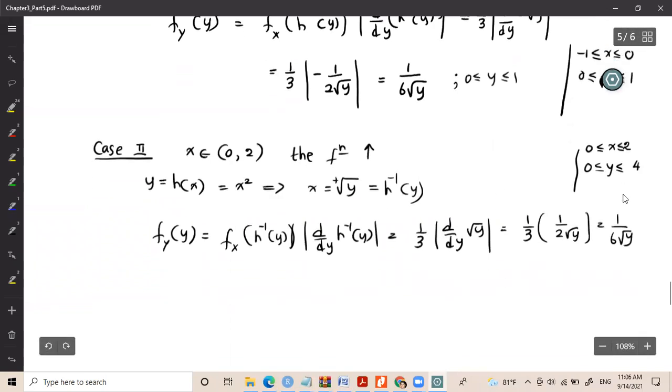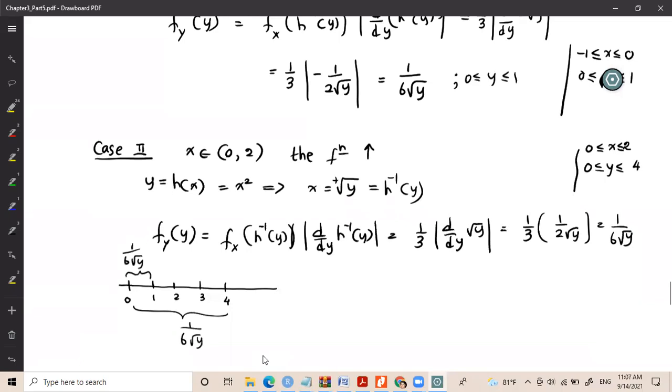Right, so I'll draw it. This is for y: 2, 3, 4, up to 4. From the first case, you found that from 0 to 4 you have 1/6 square root of y. And from the second case, you found within the interval 0 to 1 also you have this one. Now, how do you incorporate these two?